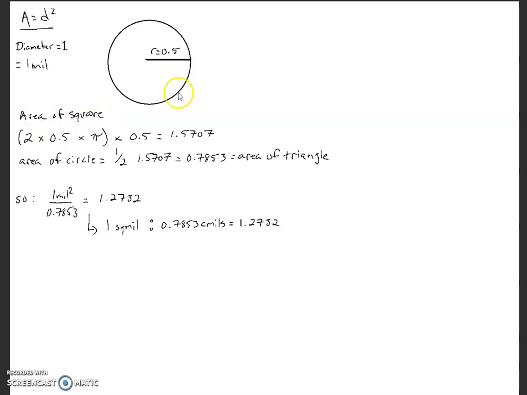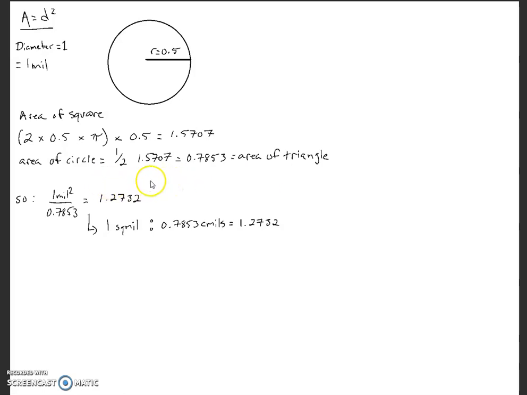If we take this again, 2 times the radius times pi times 0.5 gives us 1.5707. So the area of a circle is going to be 1/2 that, which is 0.7853, and so on, which would also be the area of the triangle. What you'll find in that link is that they talk about the area of a square mil and the area of a circular mil.